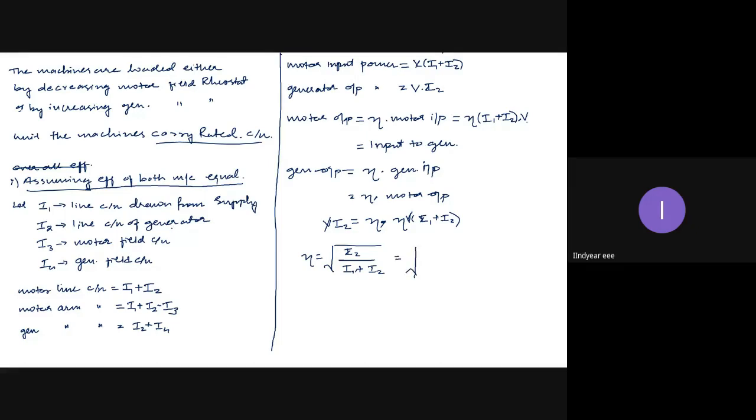I2 is the line current of the generator, and I1 plus I2 is the line current of the motor. So efficiency equals under root of generator line current divided by motor line current.